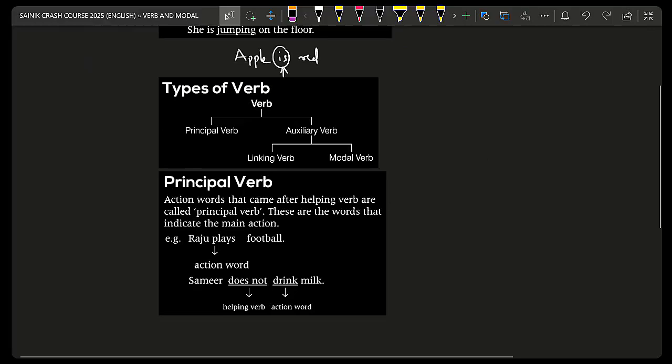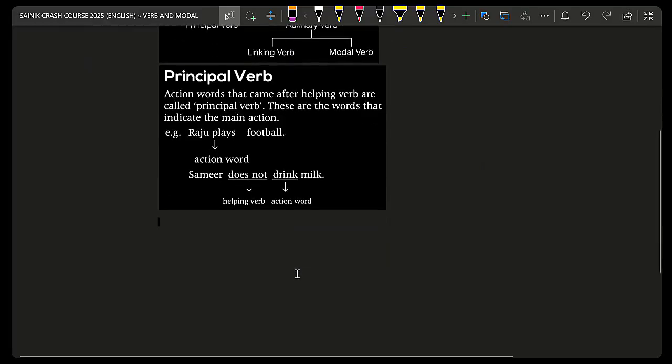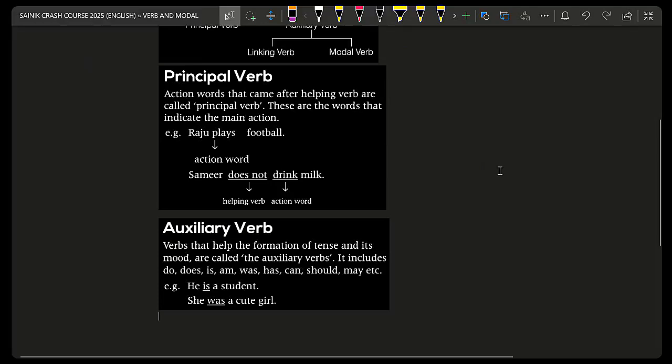Next we discuss what is auxiliary verb. Verbs that help the formation of tense and mood are called the auxiliary verbs. They are also called helping verbs.